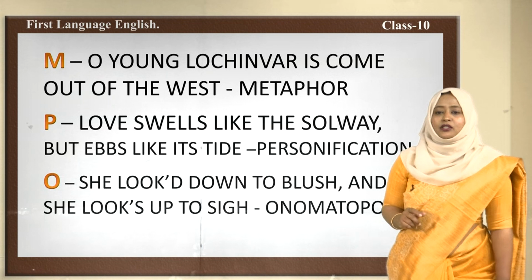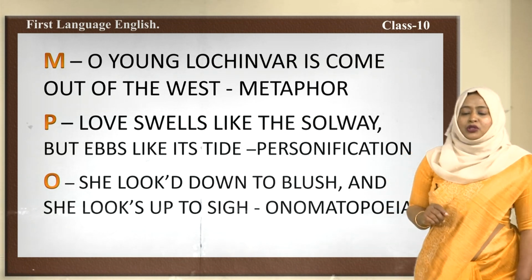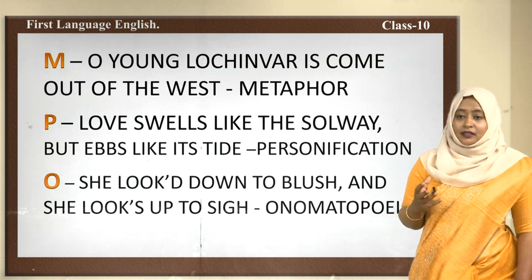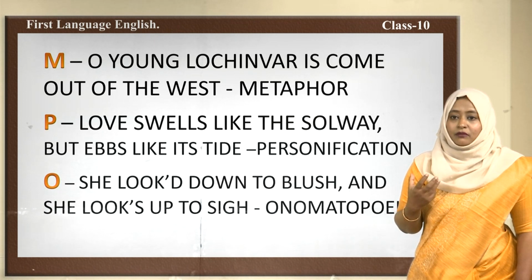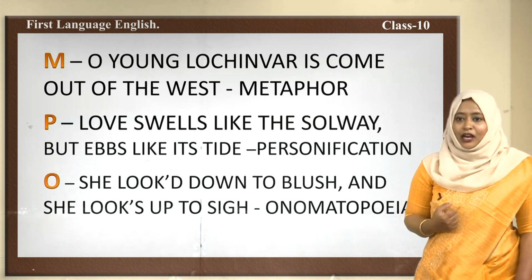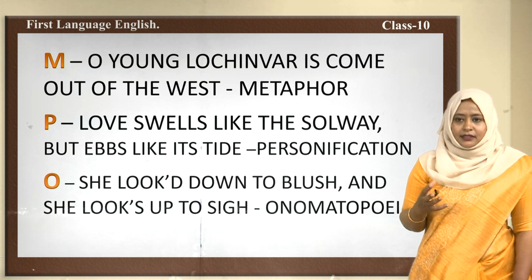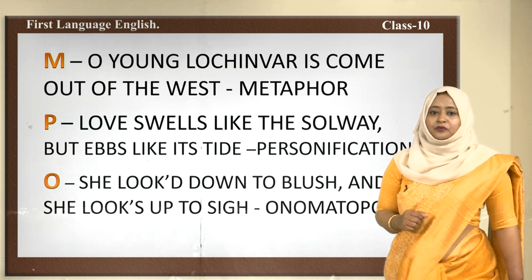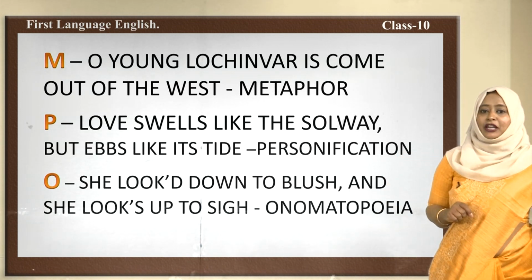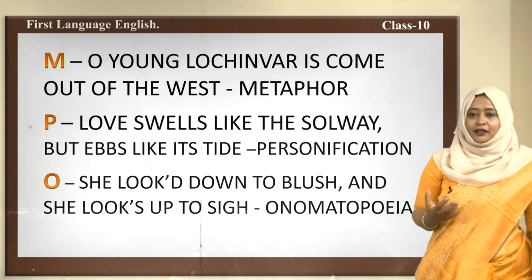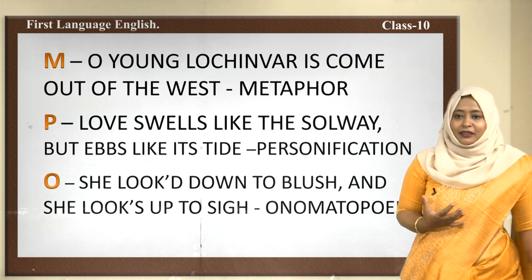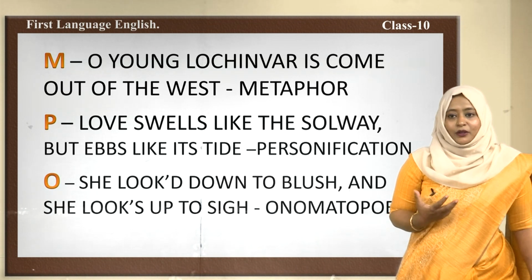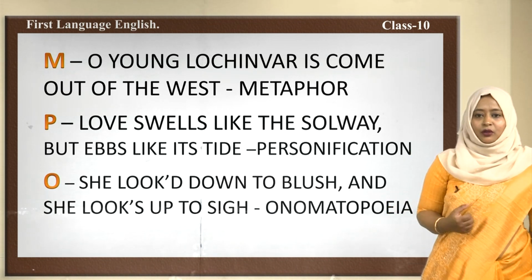The next one is onomatopoeia. Onomatopoeia here means, when we talk, we use sounds like, the cat came meow meow. That is onomatopoeia. She looked down to blush and she looks up, sigh. She's not saying anything but that deep sigh. Oh my Lochinvar. So that sigh is onomatopoeia.